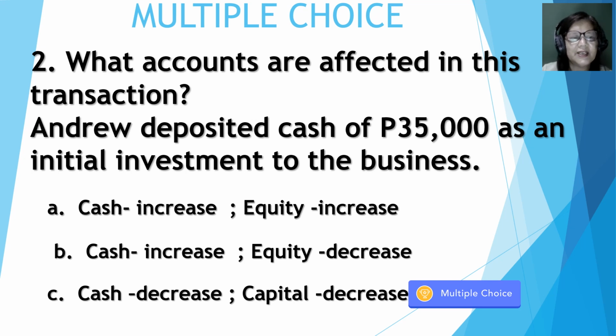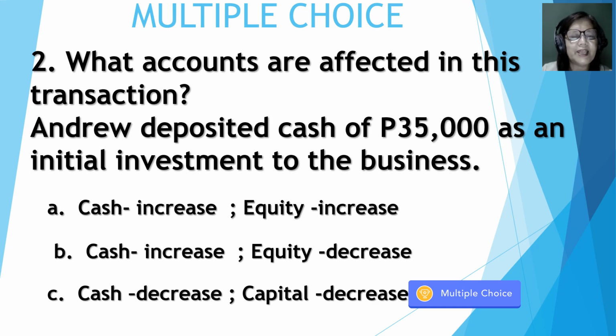Very good. It should be letter A, cash increase, equity increase. Okay, remember that cash is debited if the company receives such cash. And since it is the initial investment, the equity is likewise increased.